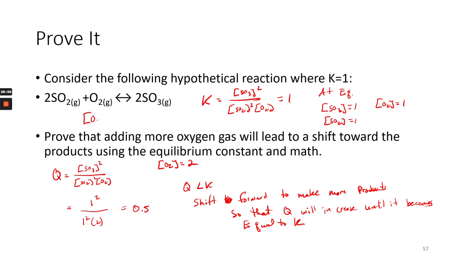If I increase my concentration of oxygen, this side is high. I always move away from the high side. I'm going to move forward. So you see, using Q and K proves Le Chatelier's principle.